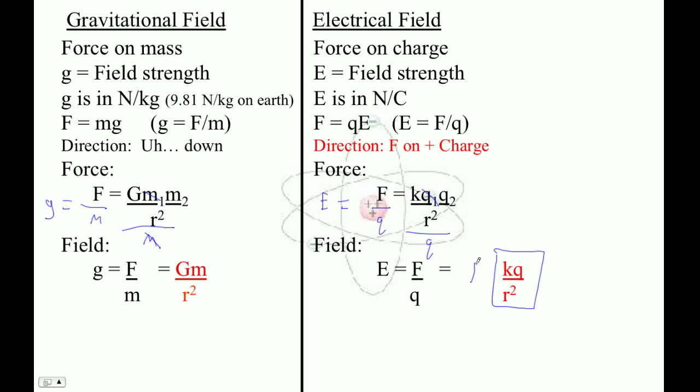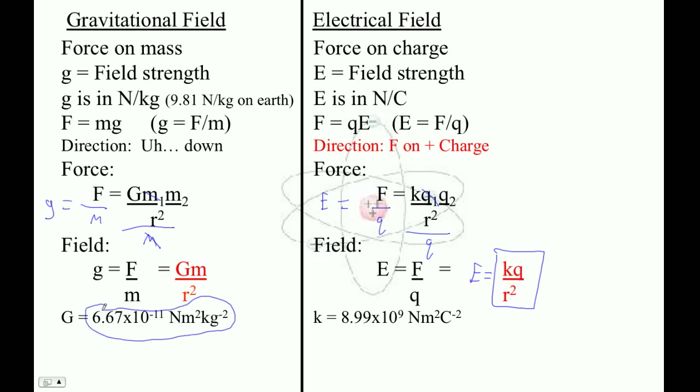This is the formula for electric field around a point charge. This is the formula for gravitational field around a point mass. If you plug in the gravitational constant, the mass of the Earth, 5.97 E24 kilograms, and the radius of the Earth, about 6.38 E6 meters, you'll get a g of about 9.81 meters per second squared, or newtons per kilogram.